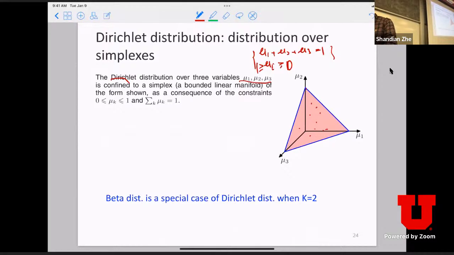But if you have 2 variables, then it is just a line segment. Why? Because mu1 plus mu2 equals 1. If you plot it with mu2 and mu1 as axes, this is a line segment because you need to ensure that mu1 and mu2 are non-negative, so they can only be here and here.